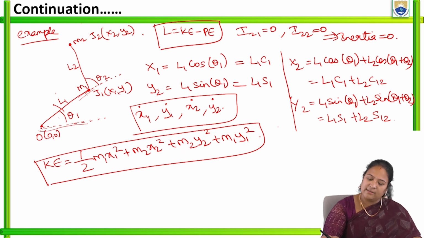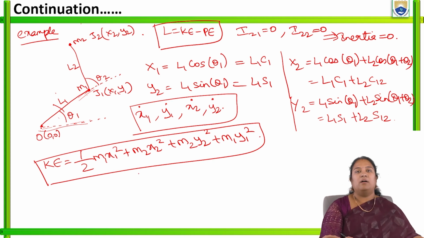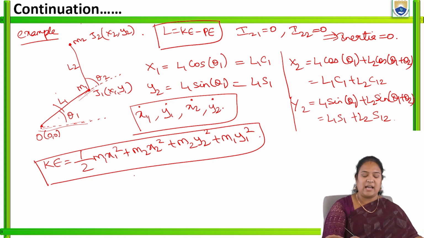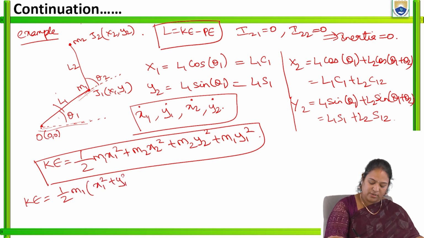So these particular x1 y1 x2 y2, when we substitute in the kinetic energy, what will we get? Kinetic energy is equal to half m1 of x1 square plus y1 square plus half m2 of x2 square plus y2 square, right?